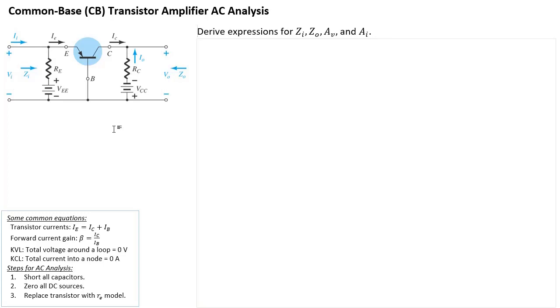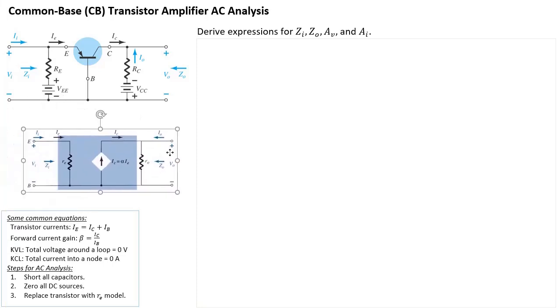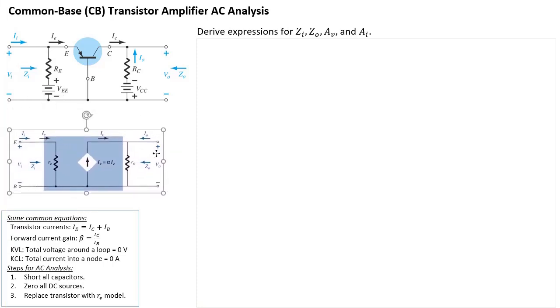As usual, whenever we want to do an AC analysis, we need to convert our circuit into an AC equivalent circuit. For a common base transistor, the model we're going to use is still an re model, but it's a little bit different from the one we typically use for common emitter and common collector.